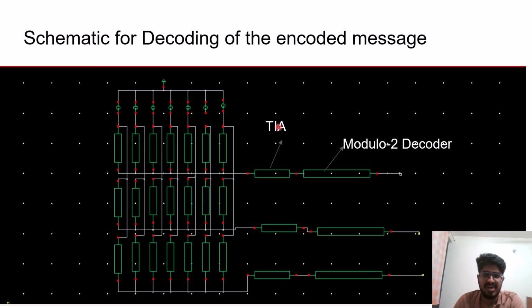This is the transimpedance amplifier and this is the modulo 2 decoder. It is similar to the modulo 2 encoder we have used in the encoding mechanism. So this is the crucial part for detecting the correct position of the error. It performs modulo 2 operations in the hardware.